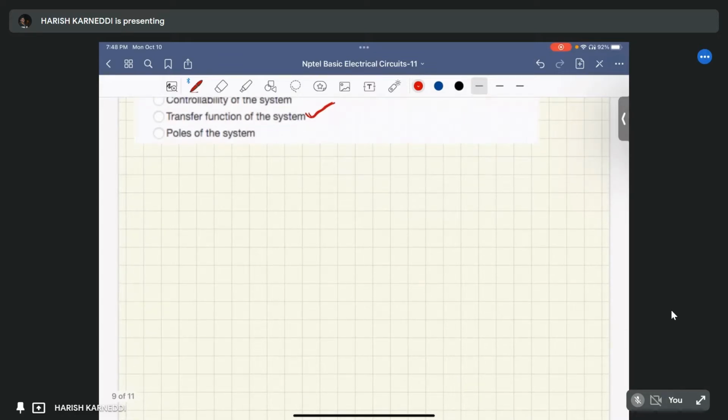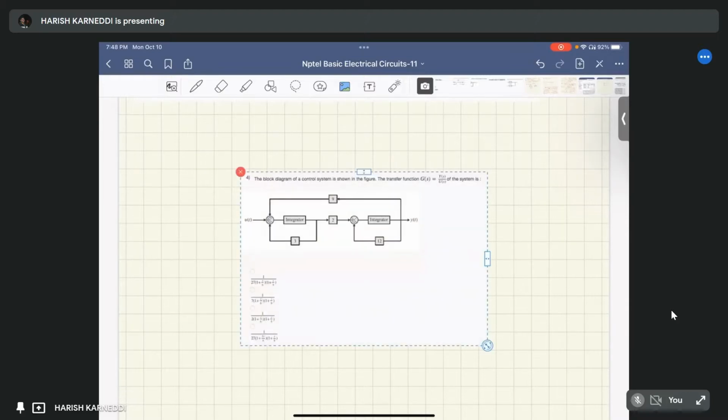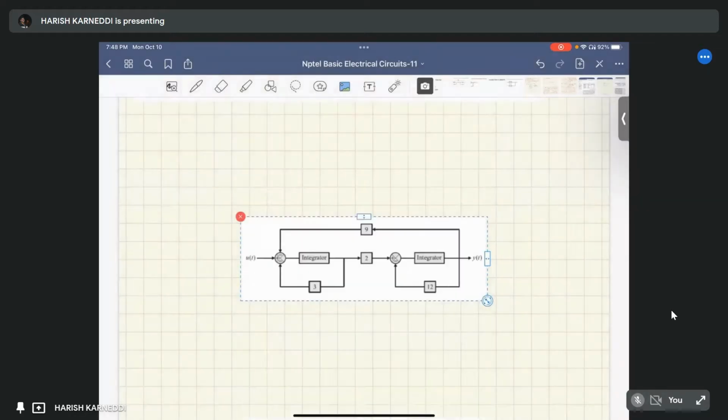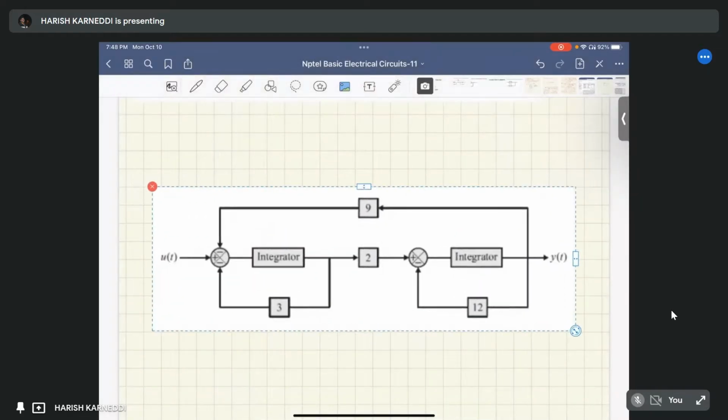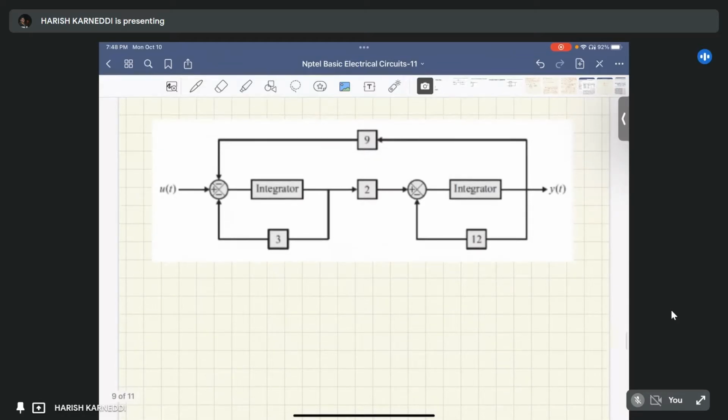Yeah, we can take one problem. Let us suppose you are having the same block diagram as the previous one.